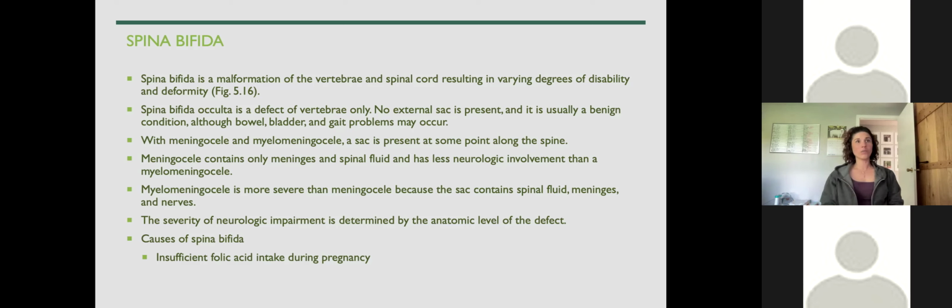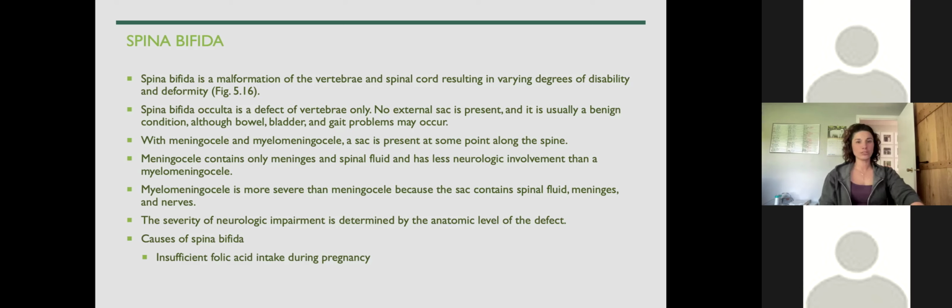So depending on what portion of the spinal cord is exposed will dictate which type of spina bifida you have. And depending on how far up or down the spine it is will dictate where you're going to see those defects and that impairment. This is easily treated by taking folic acid throughout your entire pregnancy.